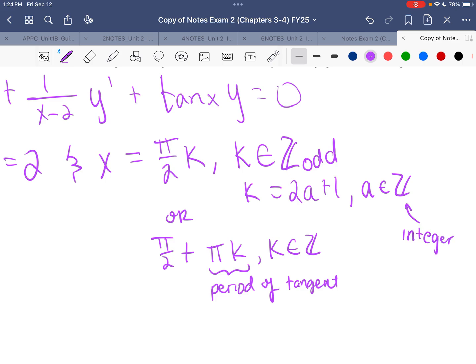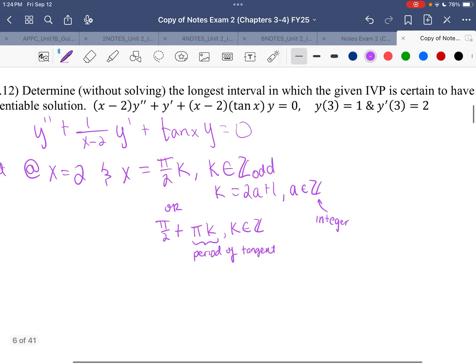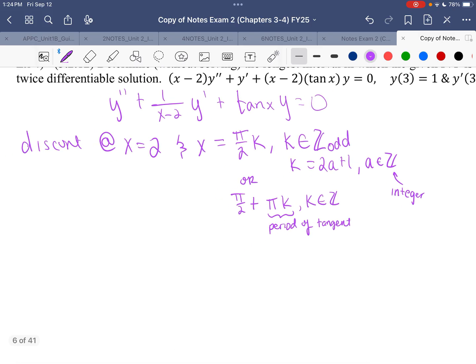Okay, so let's start listing out some possible intervals. Our initial condition is 3. We could say negative 3 pi over 2 to negative pi over 2, but that's nowhere close. So let's just do negative pi over 2 to pi over 2. Pi over 2 is 3.14 over 2, which is like 1 point something, so 2 is bigger than pi over 2.